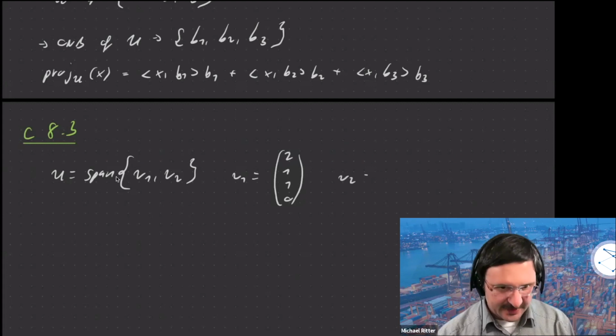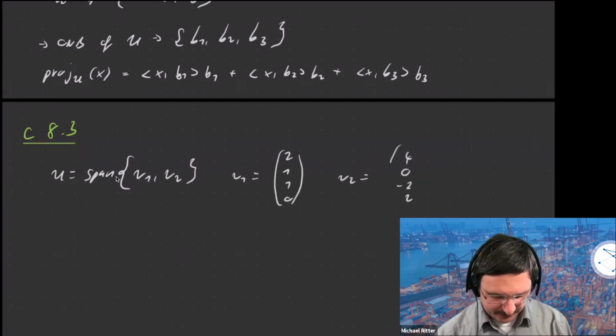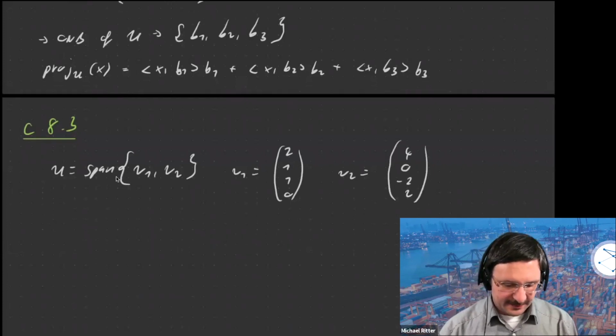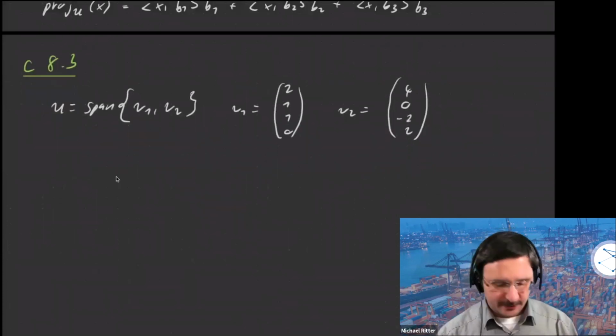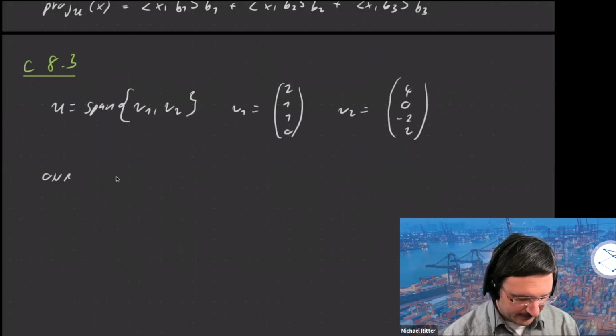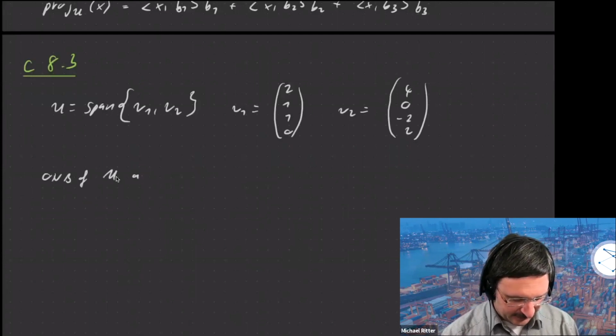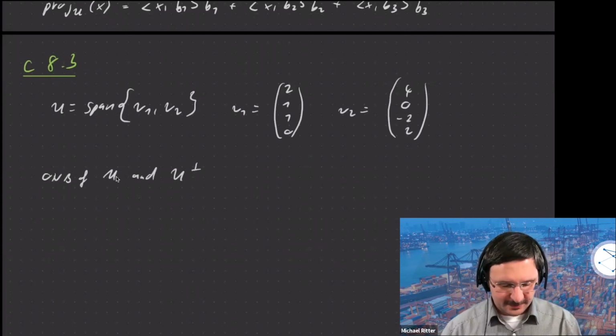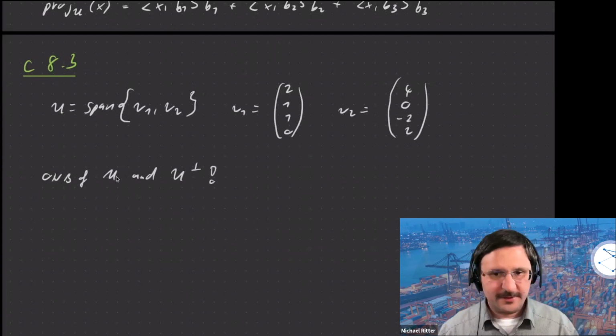And v2 is 4, 0, minus 2, 2. And the problem statement asks for an ONB of U and also of the orthogonal space. So that's what we have to determine.